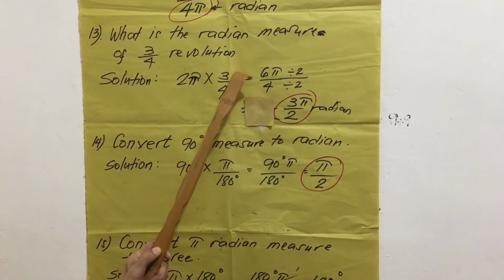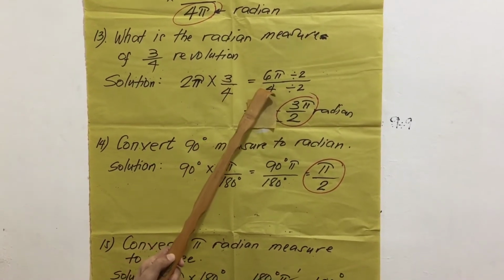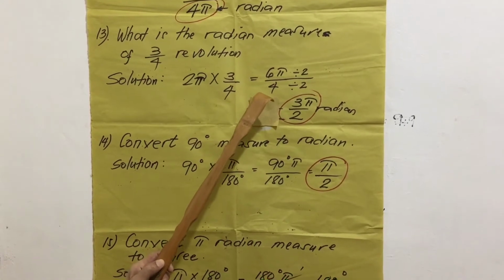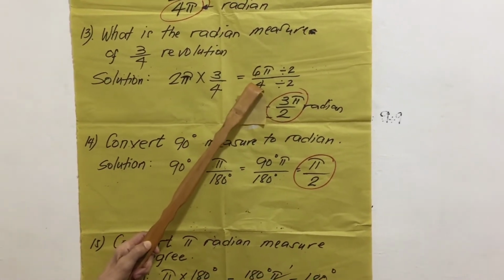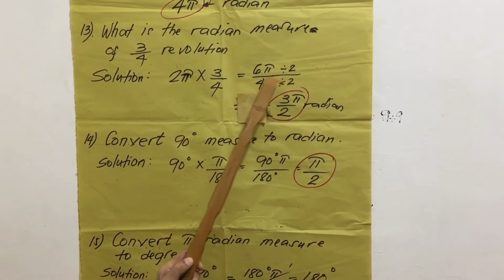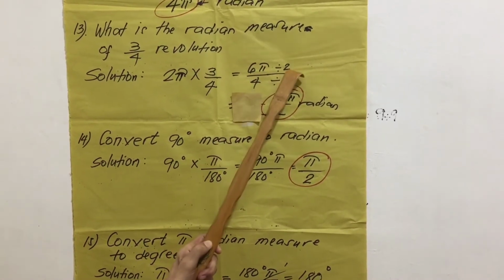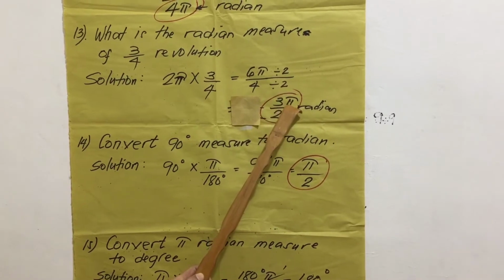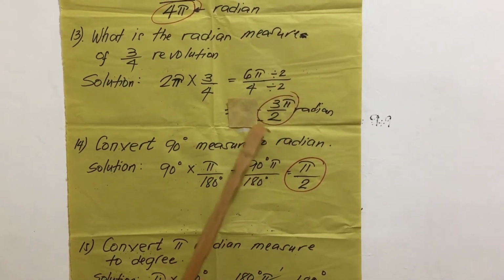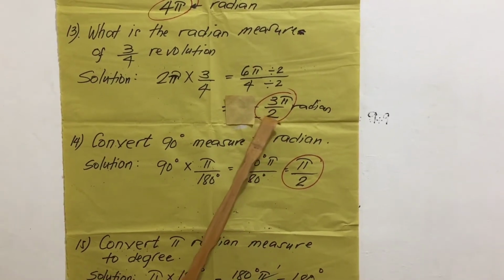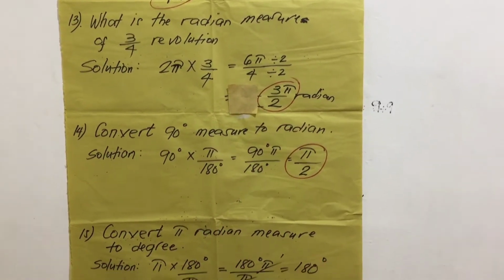We think of the greatest common factor, the greatest number that we can divide the numerator and denominator by. So that's 2. 6 divided by 2 equals 3 pi. Then 4 divided by 2 is 2. So our answer is 3 pi over 2 radians.